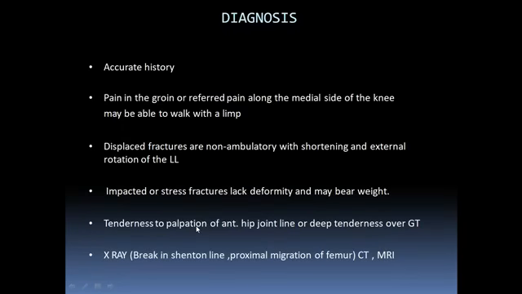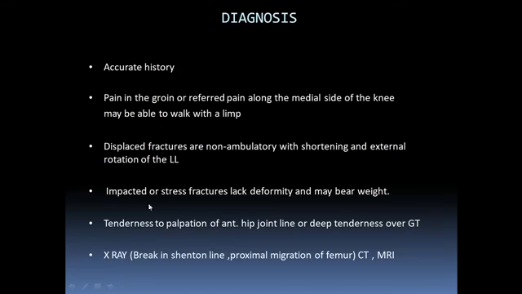And for diagnosis, an accurate history is to be taken. Pain in the groin or referred pain along the medial side of the knee may be present, and the patient may be able to walk with a limp. Displaced fractures are non-ambulatory with shortening and external rotation of the lower limb.